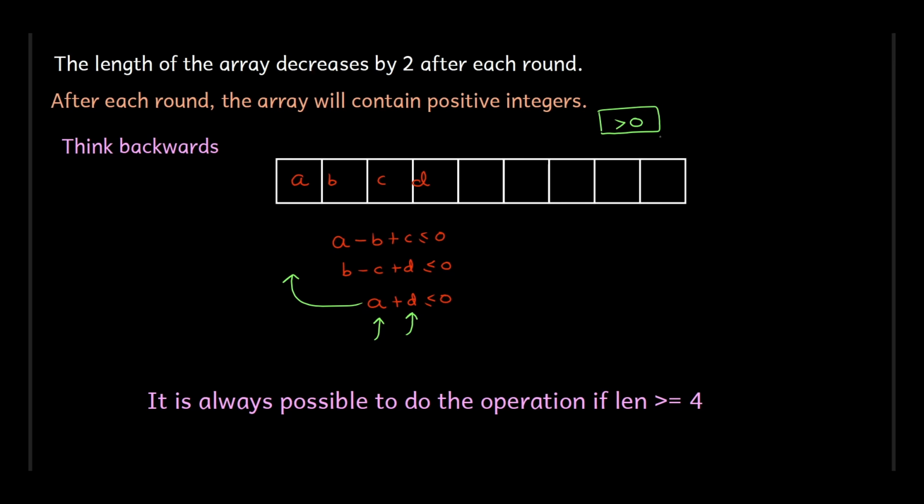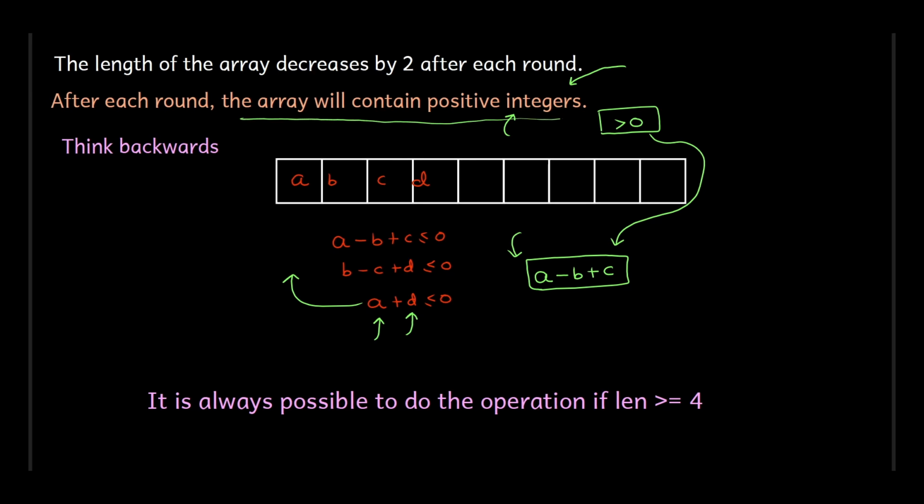And that is when you will realize, if you have good observation skills, that previously we said that you are replacing any positive integers with A minus B plus C, but you are only doing this replacement if the incoming element is strictly greater than 0. So we had made this observation that after every operation you will have all positive integers only.